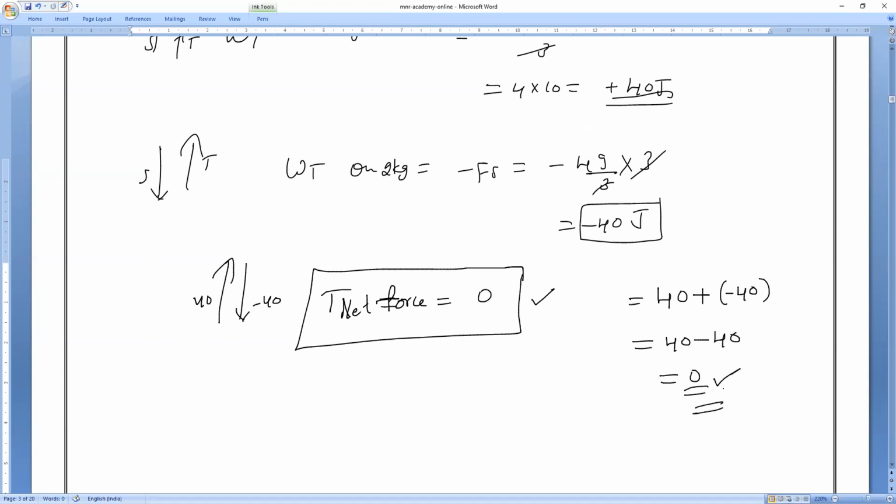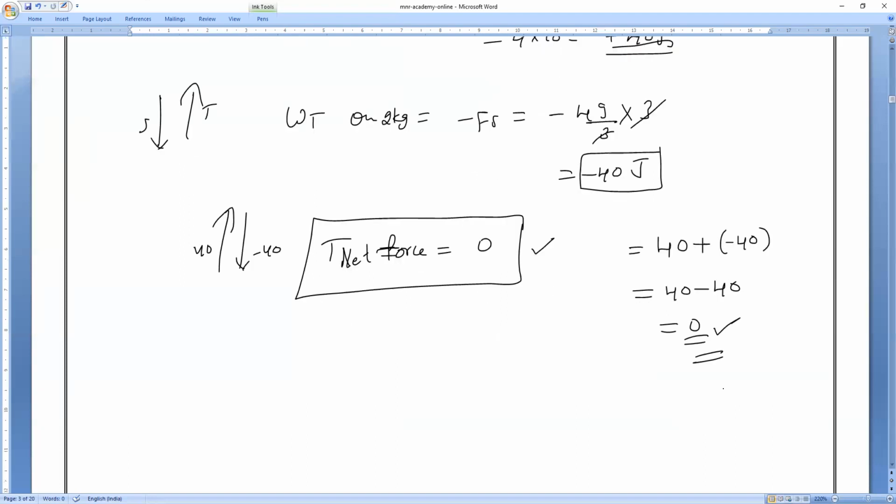Net zero. Net tension work is equal to 0. Is it okay, everybody? So that is what you have to remember. Anybody having doubt in this, please let me know. Clear, everybody?